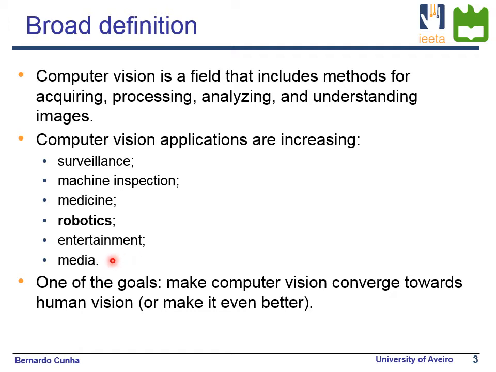One of the goals of computer vision is basically to make computer vision converge towards human vision or make it even better. And one of the ways to make it even better is by allowing us to look into images that our own visual system is not able to look into. That is, to look into areas of the spectrum that we are not allowed to see because they are outside of our vision field.